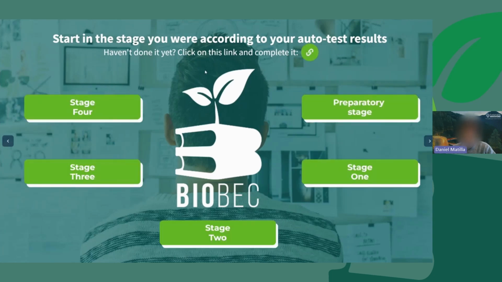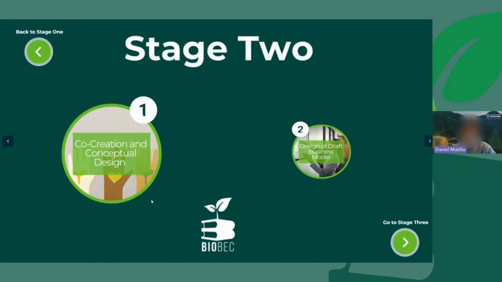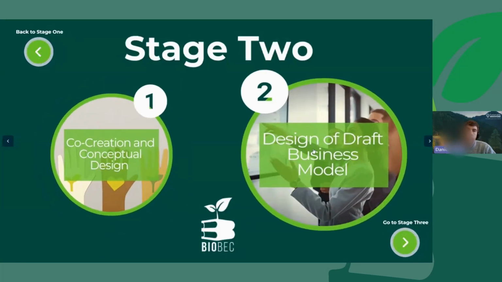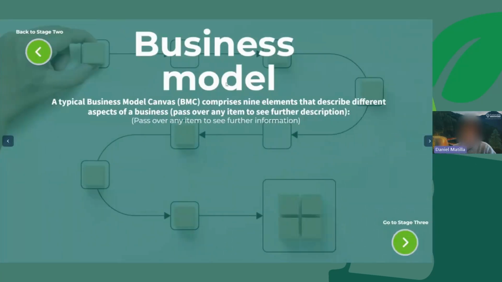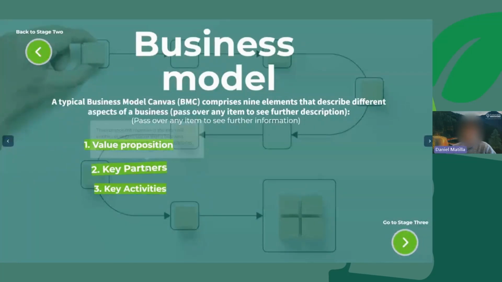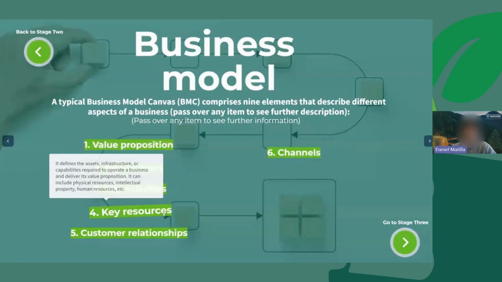So if we've taken the auto test before, or if we want to get to know any of those stages or a specific part of the roadmap, we can visit here. So if we go, for example, for stage 2, we see the different options that we have, and then everything is explained here. Everything is created to be interactive and to be summarized.